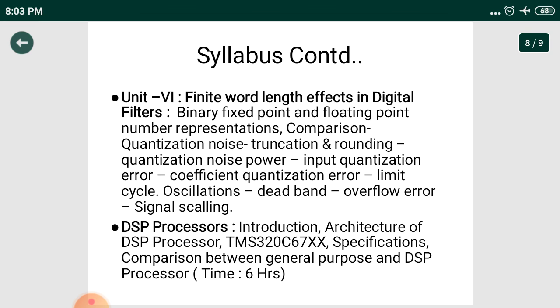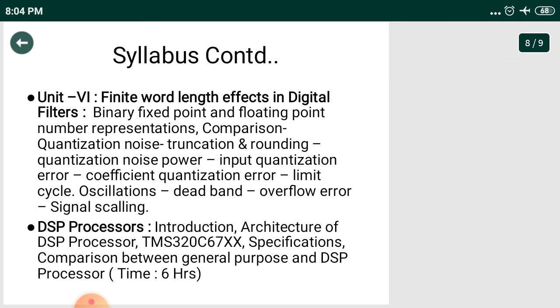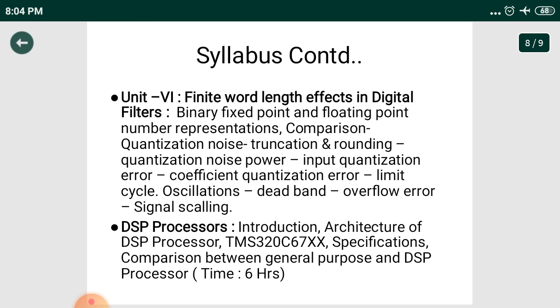After that, there are oscillations, which consist of deadband, overflow, and signal scaling. And the final part of this unit is DSP processors, introduction, then architecture of DSP processor, TMS320C67XX, then specifications, comparison between general purpose and DSP processors. And the total time duration given for this unit is 6 hours.